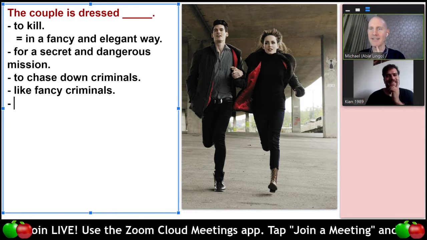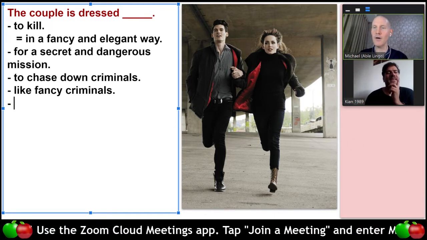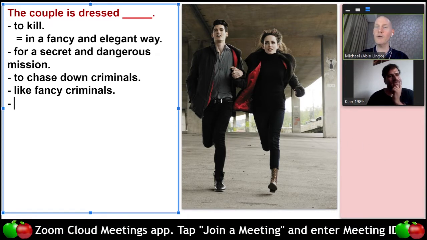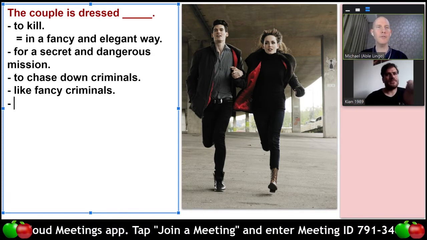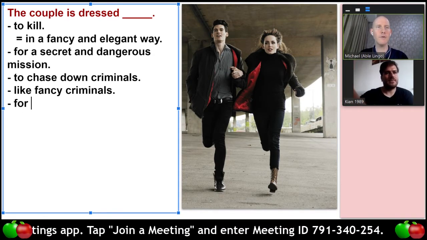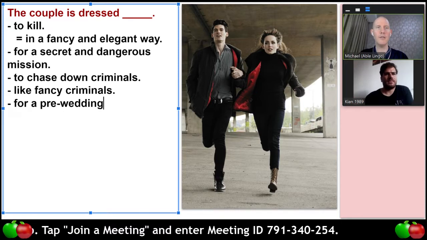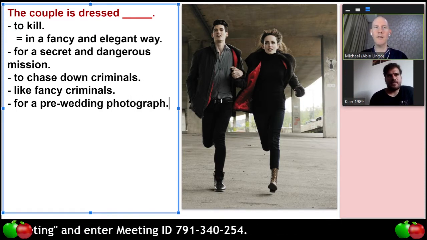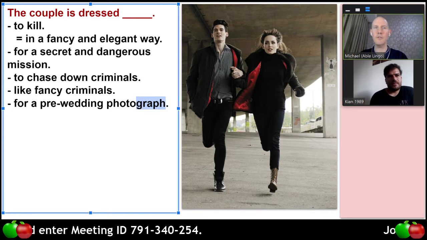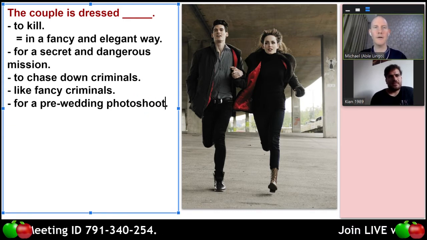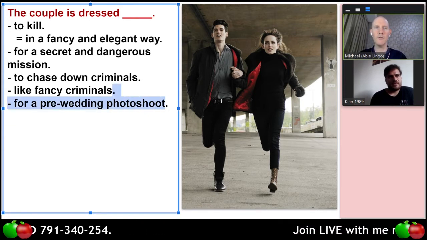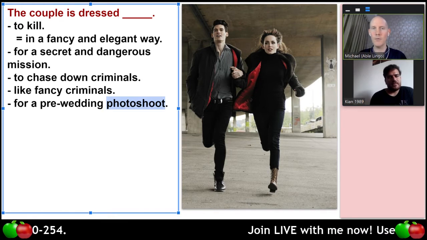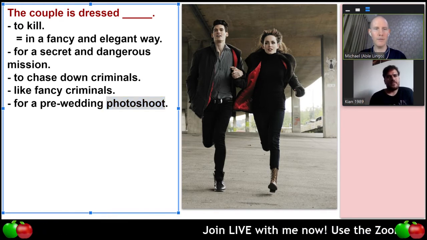Yeah, fancy. Let's see. UQ Kawai says they're dressed for a pre-wedding photograph. Okay, that's unique. The couple is dressed for a pre-wedding photograph. Maybe we could say a photo shoot because they usually take more than one picture, right? So the photo shoot, just to make sure, and we can get a visual.